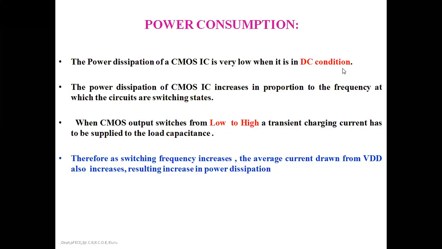Then what is the AC condition? Dynamic condition. In dynamic condition, the output of the CMOS device is switching between the states.